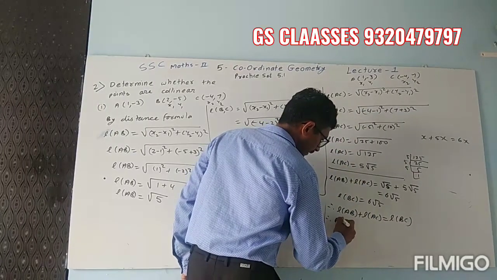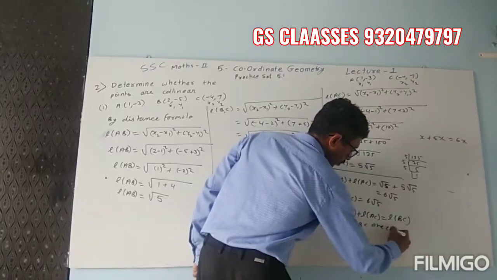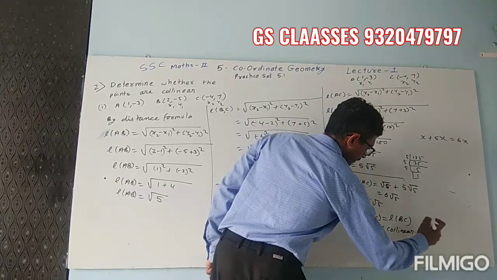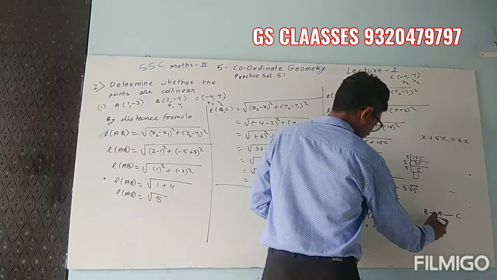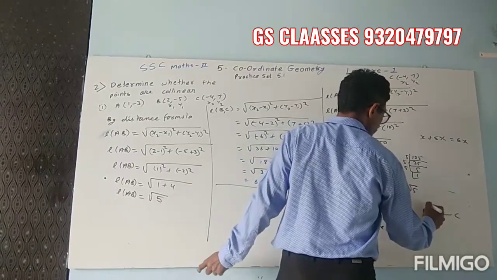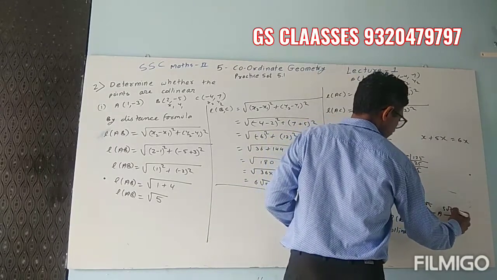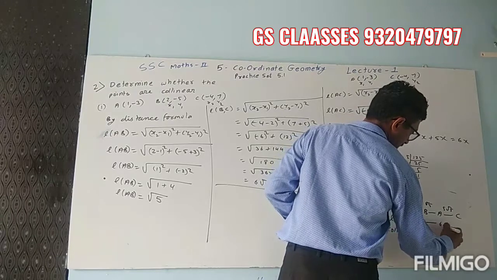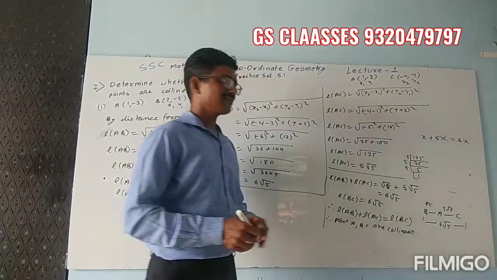So points A, B, C are collinear. B to A to C. So B to A means AB, and AB value is root 5. AC value is 5 root 5, and this entire value is 6 root 5. It is like this.